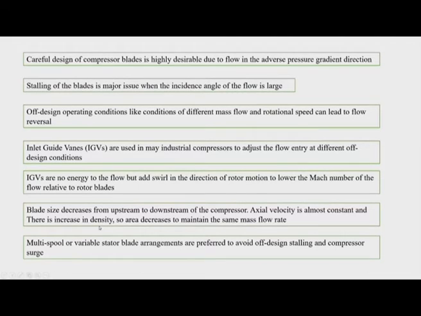So, to keep the mass flow rate constant inside the axial compressor, we should have converging passage, which is rather the passage of decreasing area in case of the axial compressor. So, area decreases from the upstream to the downstream of the axial compressor.